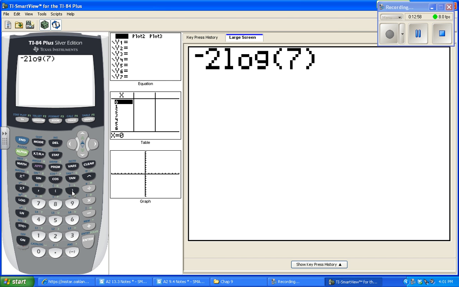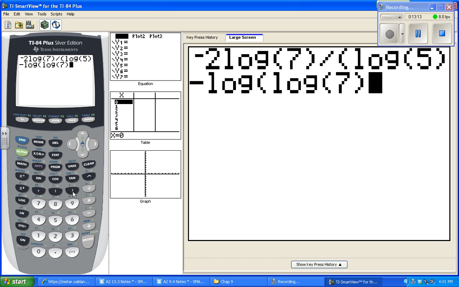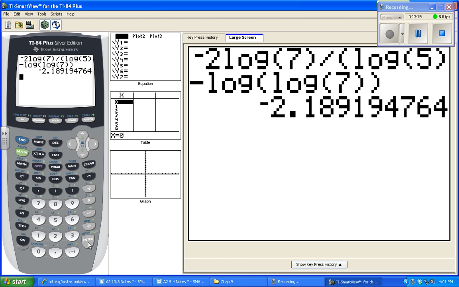That's getting divided by, again, it's a subtraction problem down there, so let's put it in parentheses. It was log of 5, close that up, minus the log of 7, close that up. And let's close up the big parenthesis that we started right after the division symbol. And that should give us our answer.